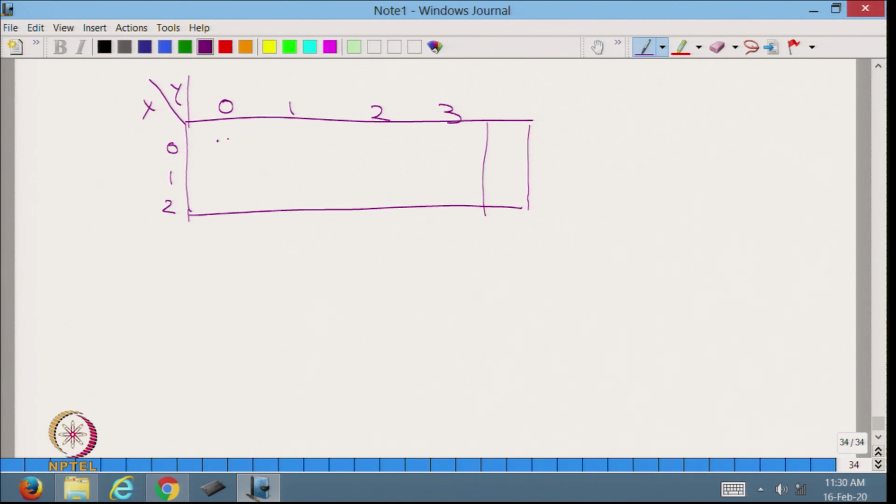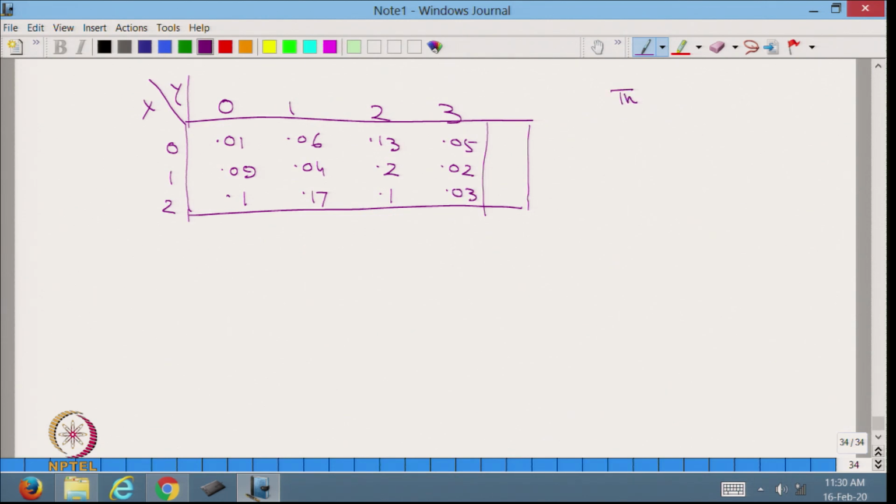Suppose these values are 0.01, 0.06, 0.13 and 0.05, 0.09, 0.04, 0.2 and 0.02, 0.1, 0.17, 0.1, 0.03. What does it mean?